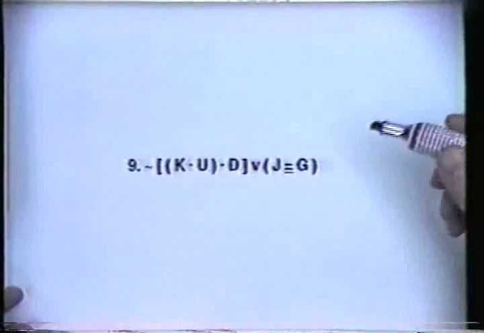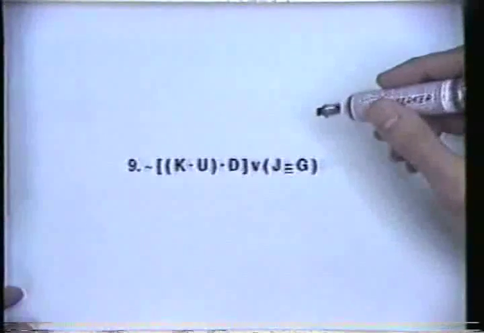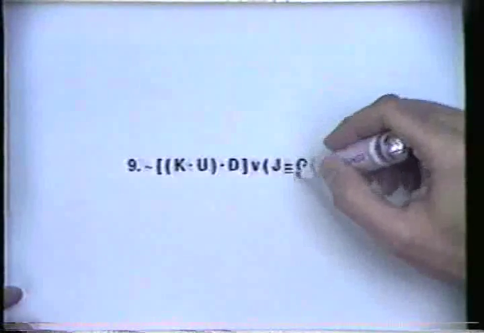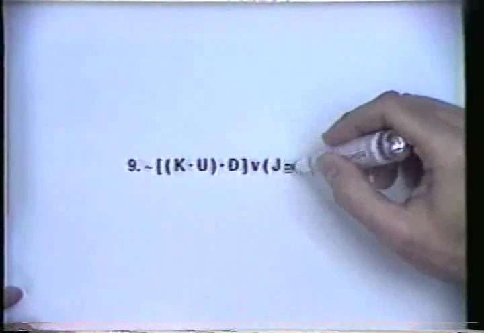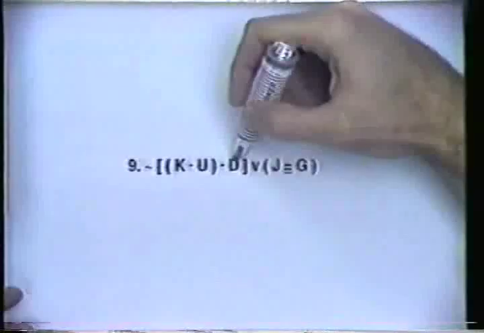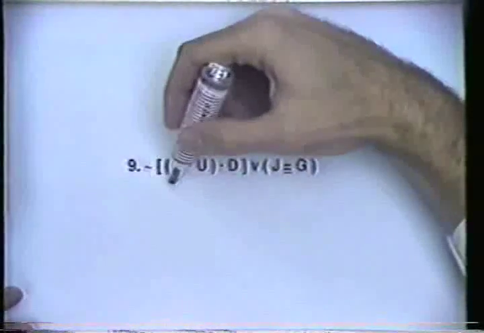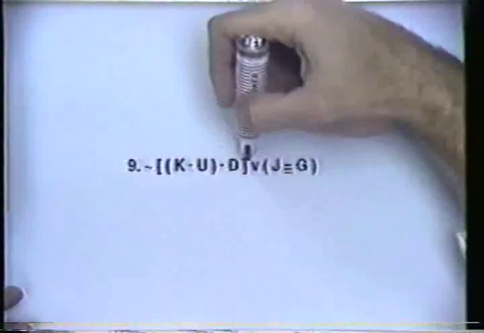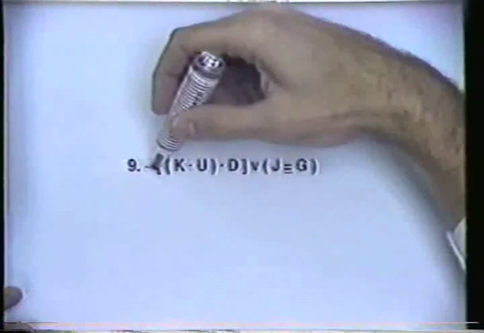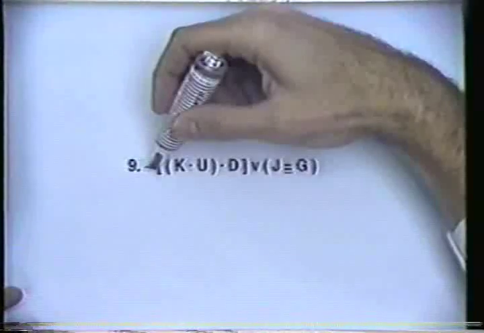Well, the way to do this is to start, as it were, from the inside and work your way out. Notice the J is brought together with the G by this biconditional, and it's braced off with that set of parentheses. Notice this whole unit is within these brackets, and then that entire compound conjunction has been negated with this tilde sign.